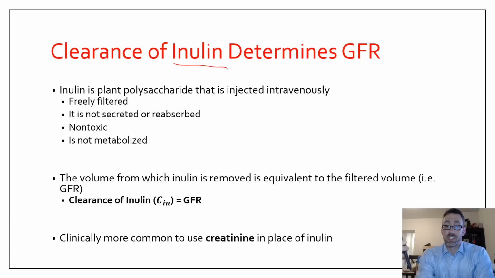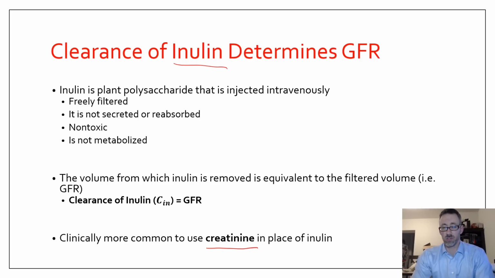So in other words, the clearance of inulin equals our GFR, and it's because of the properties that it has. It's specific to these particular features. We don't make a substance in our body that is as good as inulin for calculating the GFR accurately. The closest we have is called creatinine. The creatinine we actually do produce, and we produce that at a fairly regular rate, and that is a substance in our body that closely resembles inulin in that it does get filtered into the nephron, but some does get secreted in.